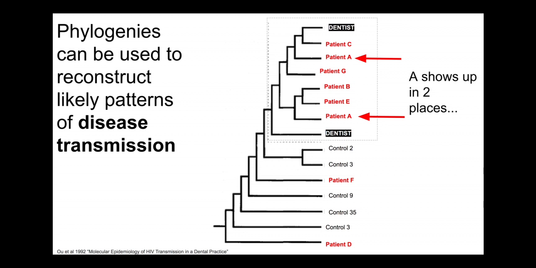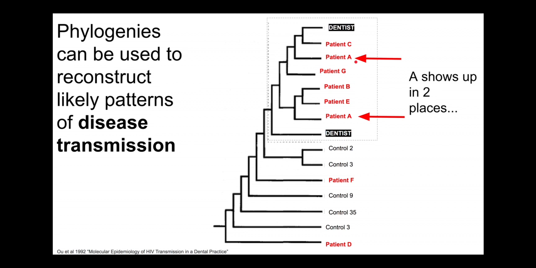We'll focus on patient A. One possibility is that patient A had been infected twice with HIV. Another option is that HIV evolved and developed into two separate populations within them. Both of patient A's samples occurred within the same clade.